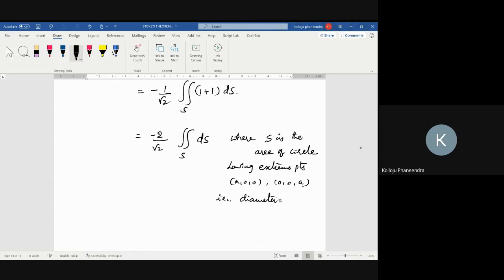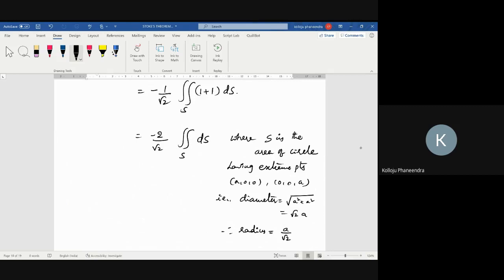Square root of A square plus A square, that is root 2 A. Therefore, what is the radius? A by root 2, correct?